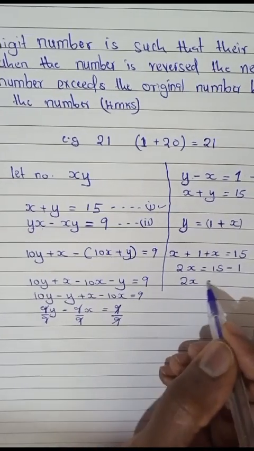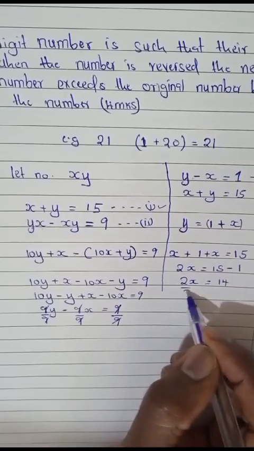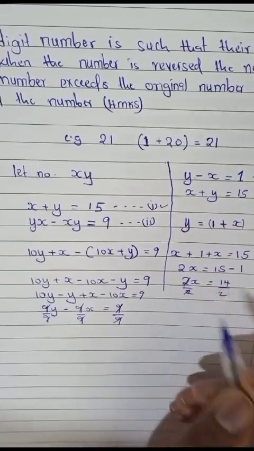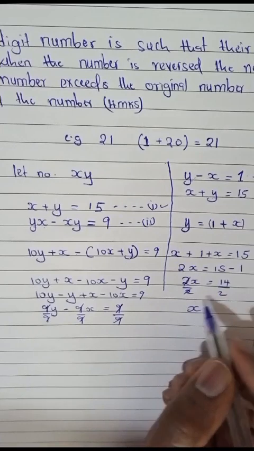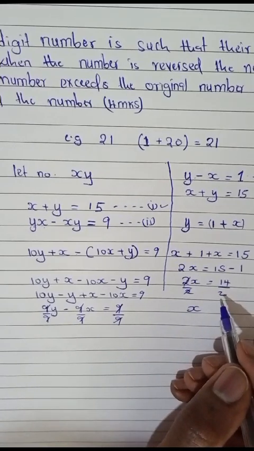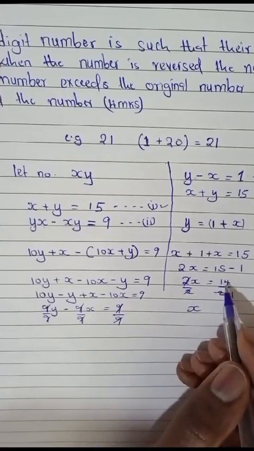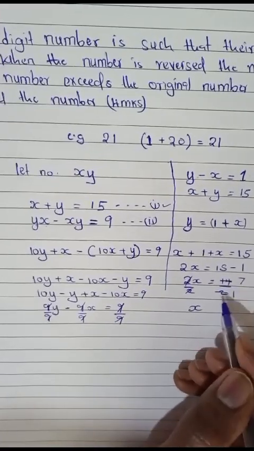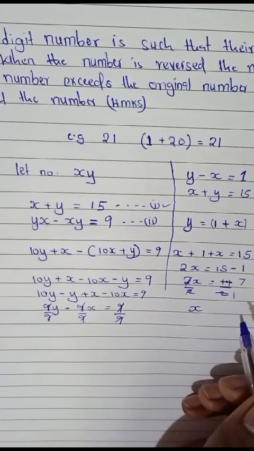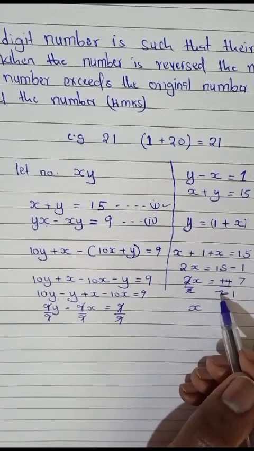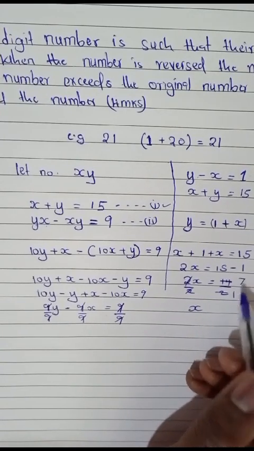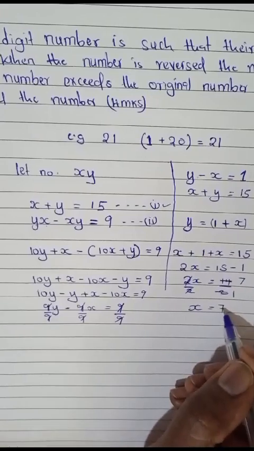So I will have 2x is equals to 14. And therefore, if I want x alone, I will divide both sides by 2, and 14 divided by 2, I will get 7. So my x is equal to 7.